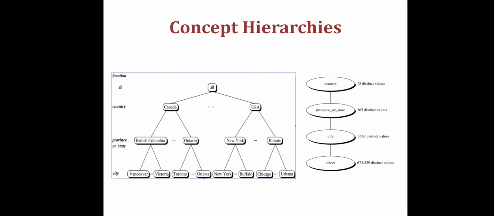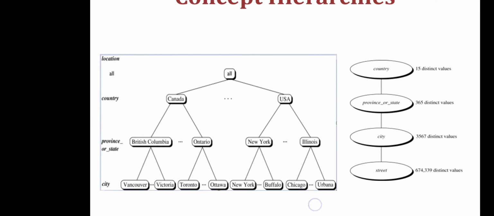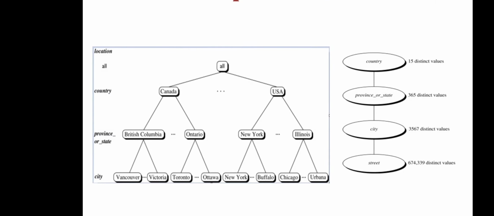We will see this example, which we have already seen before this lecture. It shows a location concept hierarchy. At the top, all is nothing but location all. Then we can divide that location in terms of country, then country can be divided in terms of state, and then state can be divided in terms of city, right?